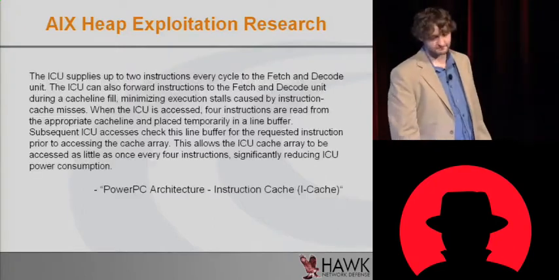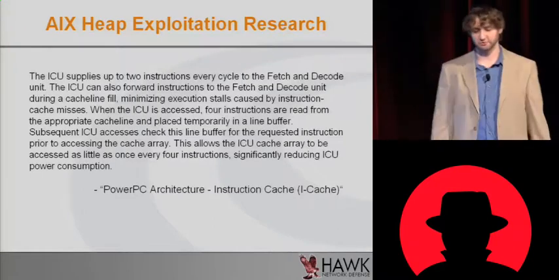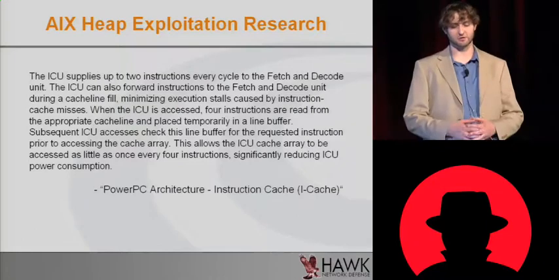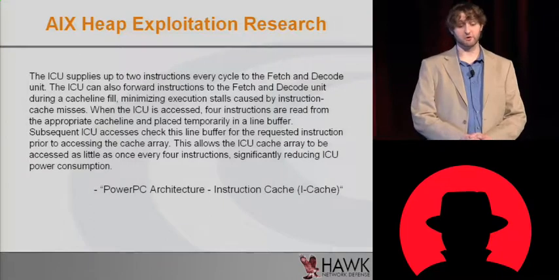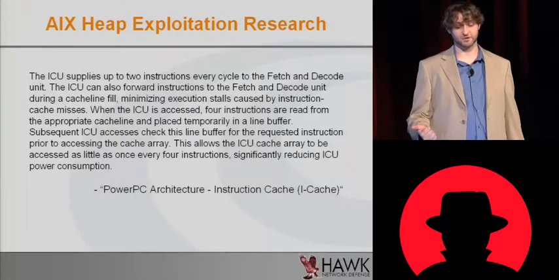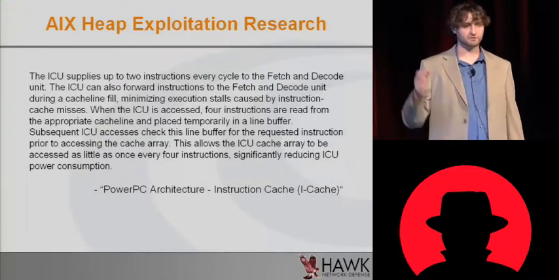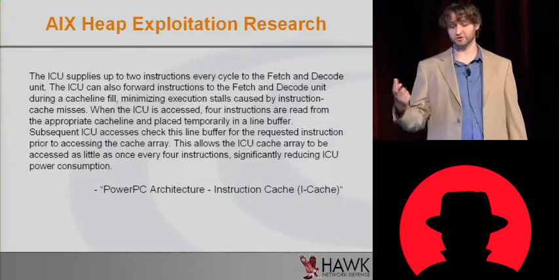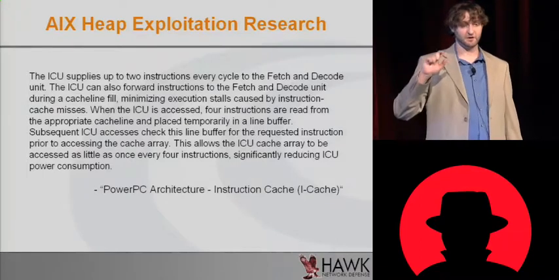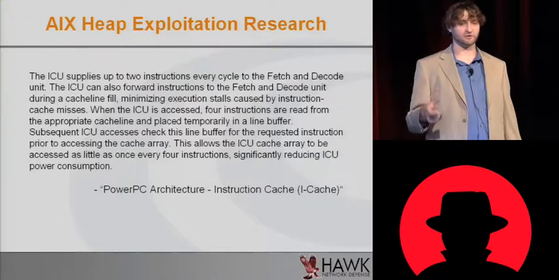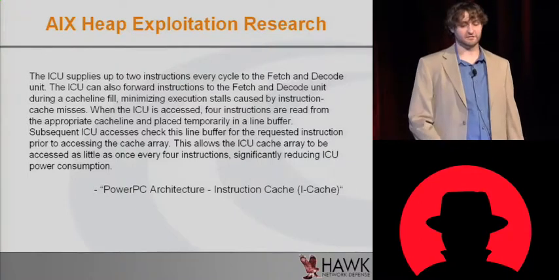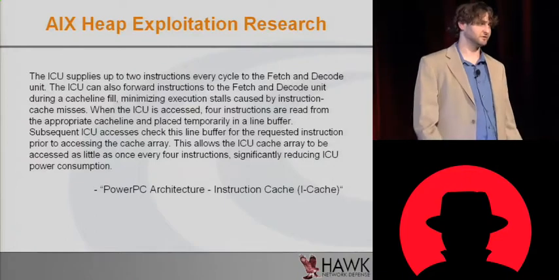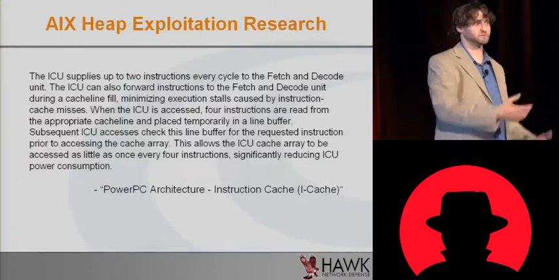All right. I took this blurb from one of IBM's PowerPC pieces of documentation. It's up to 2 instructions every cycle, so every 2 instructions it's going to go back and get another. It goes out and fetches, as you can see in the documentation here, and then it'll decode, or basically interpret it, and make sure this is what I'm supposed to do.